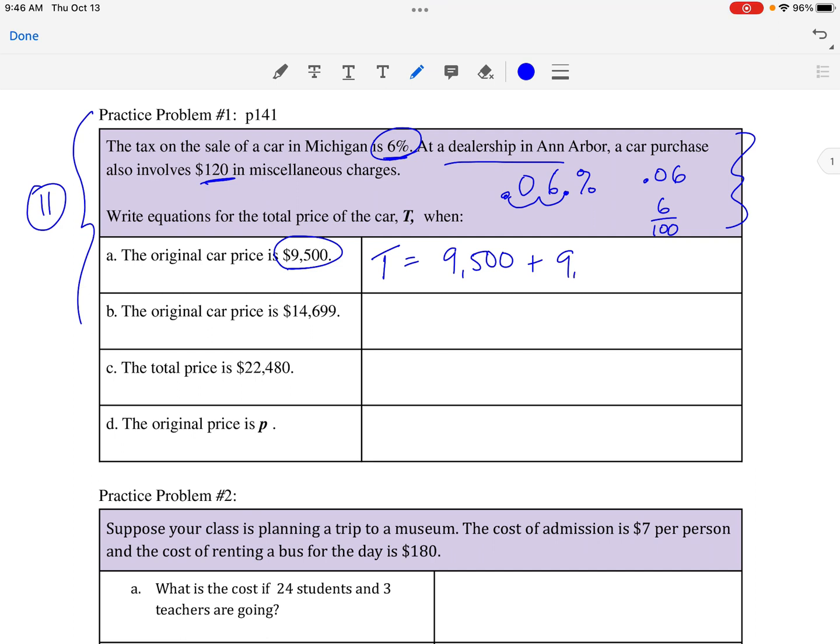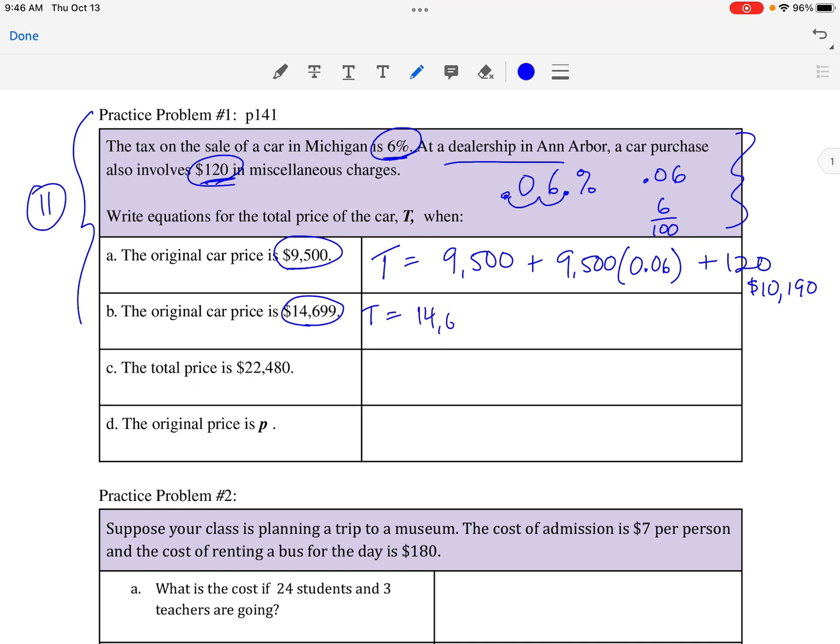So we're going to take that original price, multiply it by 0.06 to find the tax, and then we also have these $120 in miscellaneous charges. If we do that math and add it all up, the total price we'll see is $10,190. All right, then we do that again, and now it's a more expensive car.